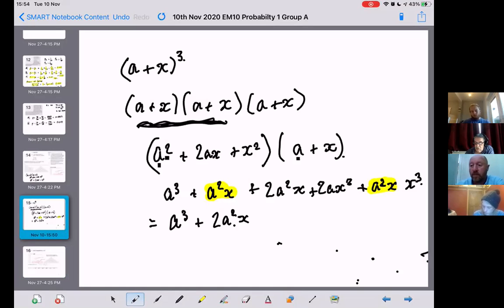So those two in the middle can't come together into a 4, can they? Because they're not the same. One's got a squared and the other one's got x squared. But couldn't the a squared x and the a squared x that you've highlighted come together with the 2a squared x to make 4a squared x?